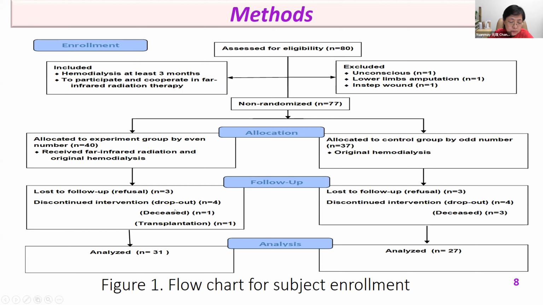The exclusion criteria: patients who are unconscious or have lower limb amputation, or who have an in-step wound, were excluded. We obtained informed consent from all patients. Then we allocated the patients into the experimental group and control group.